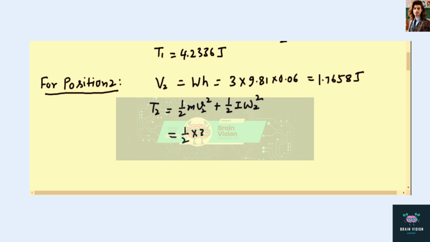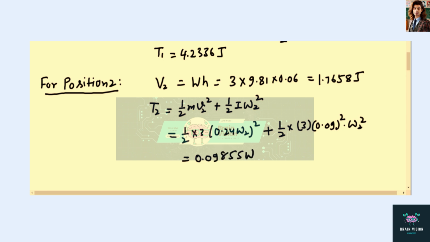Mass is 3. V2 will be R into omega, that is 0.24 omega 2. I is m into k squared, so 3 into 0.09 squared omega 2 squared. So on solving it, this value will be 0.09855 omega 2 squared.